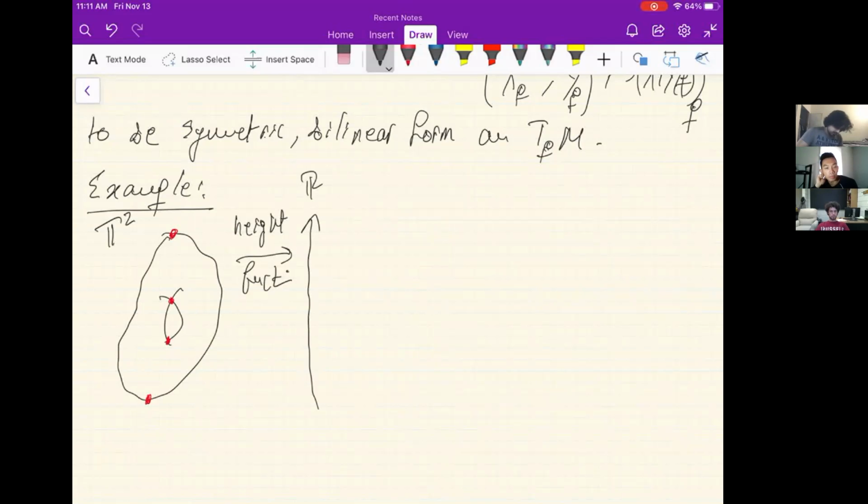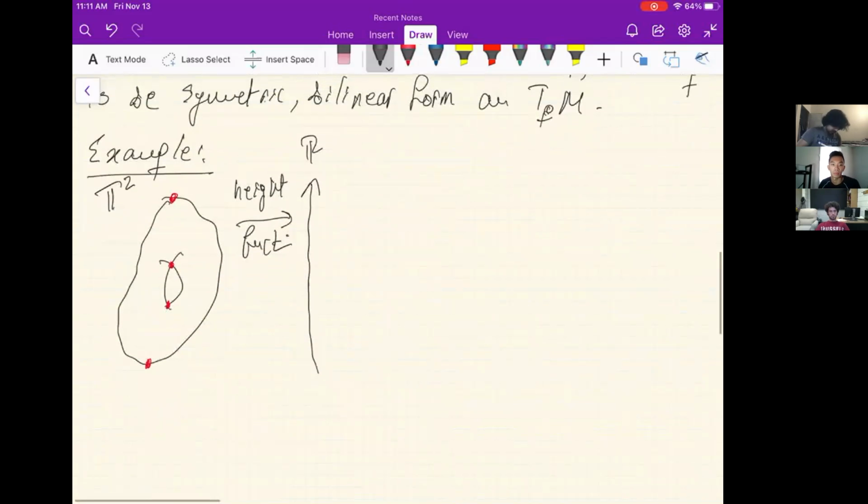That's actually an example of a Morse function, and to see the critical points, you imagine the tangent space and project onto the z-axis, and if you get a point, then that's a critical point. Otherwise, you would get the whole real line, and that's not a critical point. Now, let me set notation at this stage.